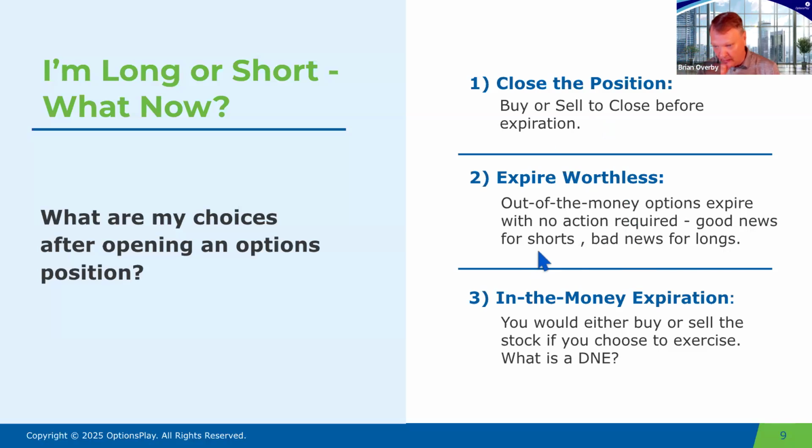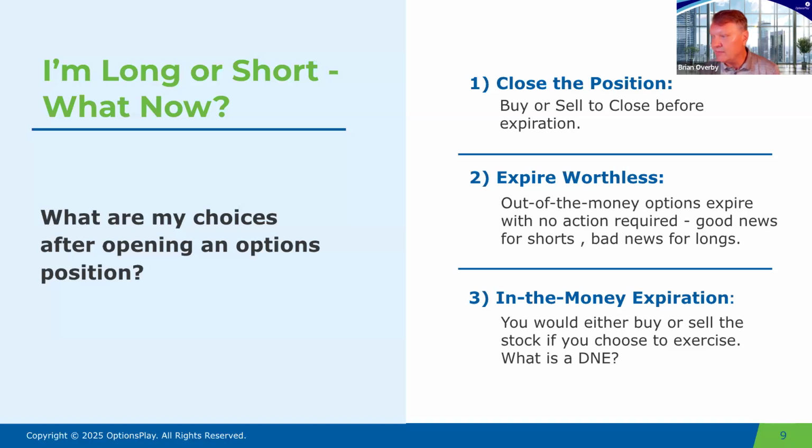And then in the end, if you are in the money, you can exercise your option contract, and if it's a call option, you'll be buying, or if it's a put option, you'll be selling. And there is a DNE, meaning do not exercise, and I'm going to address that a little bit later. This is just a reminder to talk about DNE, do not exercise, because if you do not put that in, you're either going to be buying or selling the underlying stock.